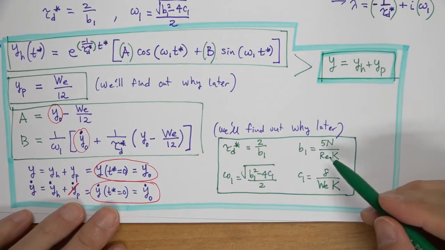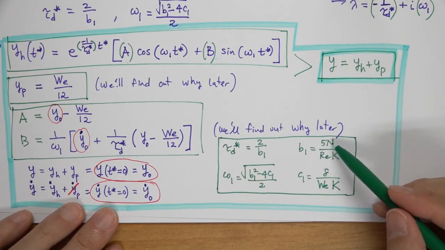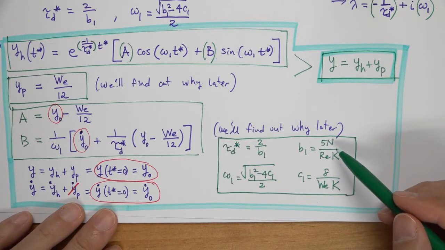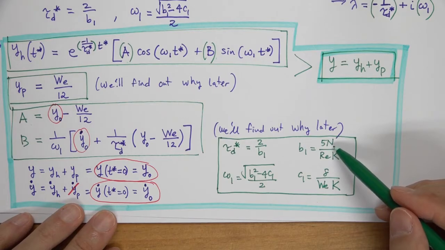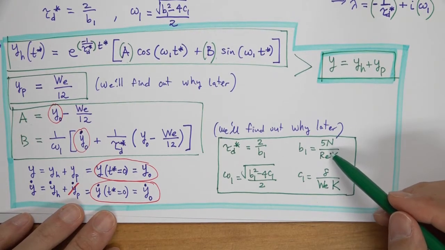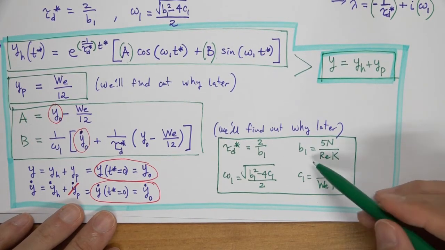If you know the density ratio, and this is the viscosity ratio, and you know the Reynolds number and Weber number, you know b1 and c1.